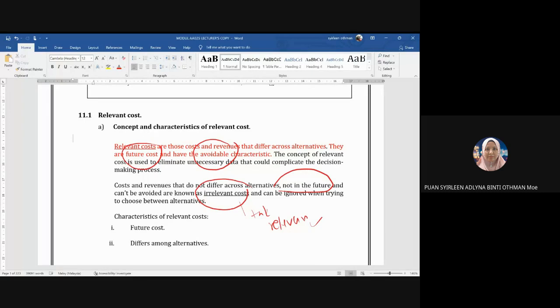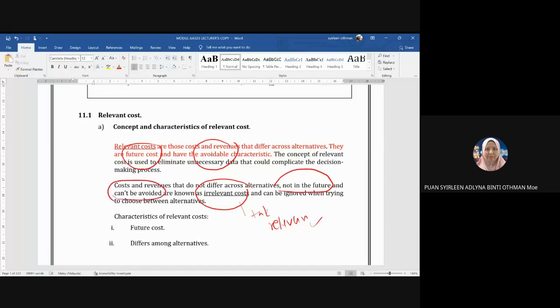Okay, sebab kalau you beli 4,000 pun, dia bukan ada kesan kepada kerosakan laptop tu, you still kena keluar duit lagi sekali untuk masa akan datang, whether to buy a new one or to repair the faulty laptop you have. Okay, so irrelevant cost ni, it's not in the future. That means the cost that you already tanggung in the past, okay, and dia apa, can't be avoided.